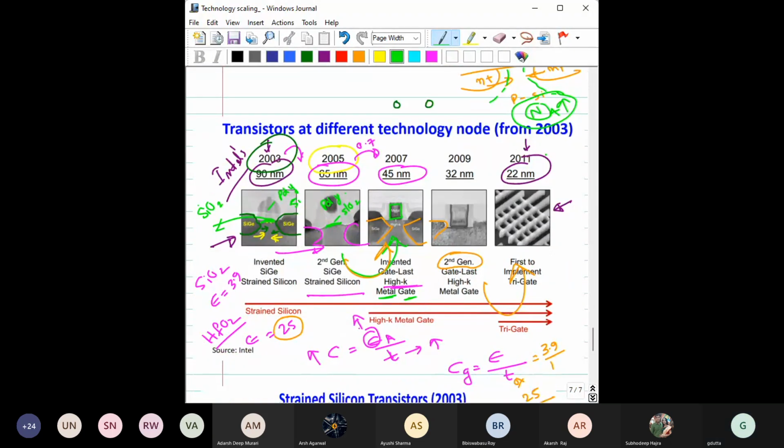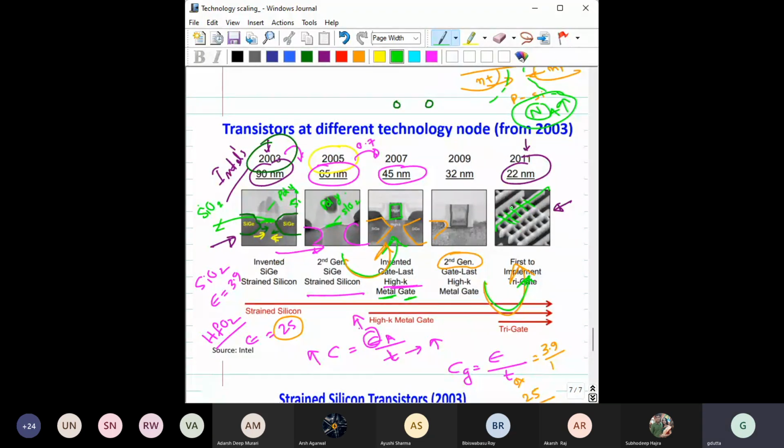So then the next technique has come, which is called the tri-gate technique or the FinFET technique. Here you can see these are the gates. And in between these lines, these are the silicon strips.